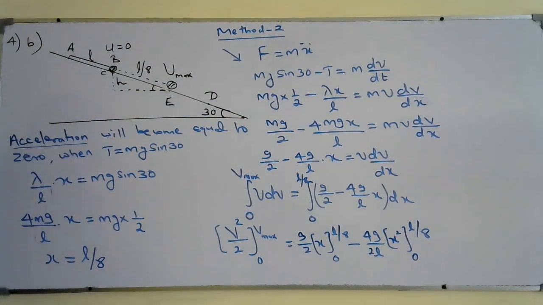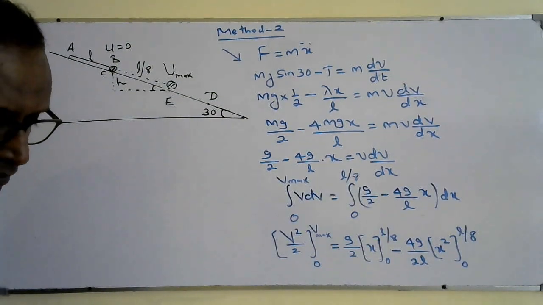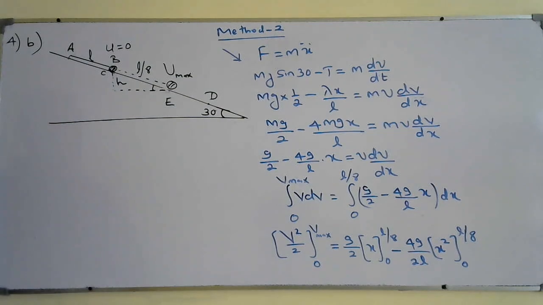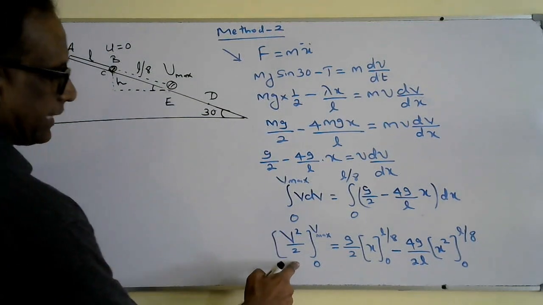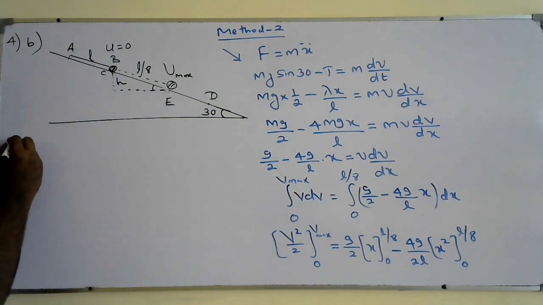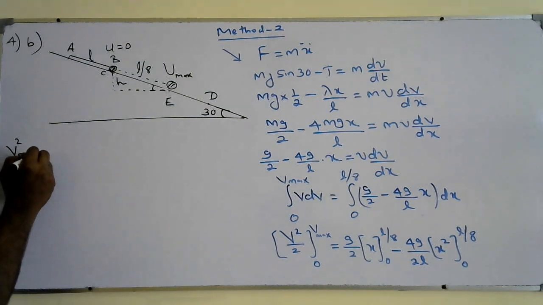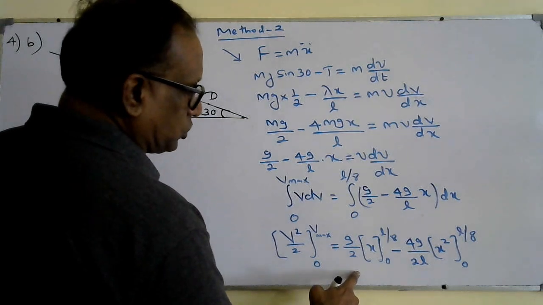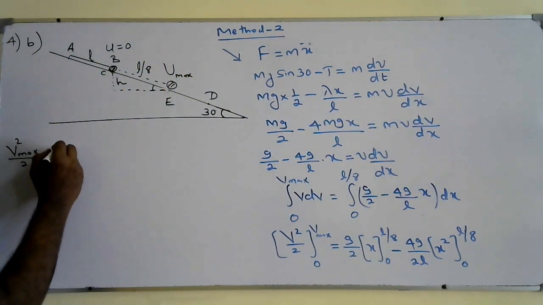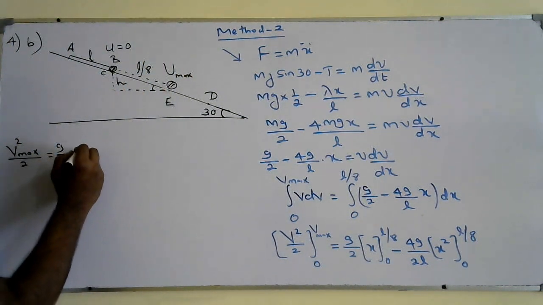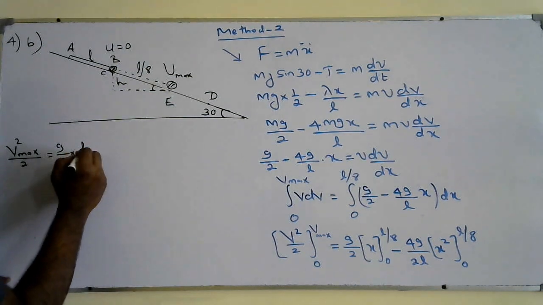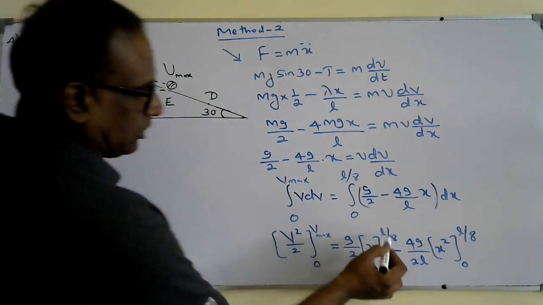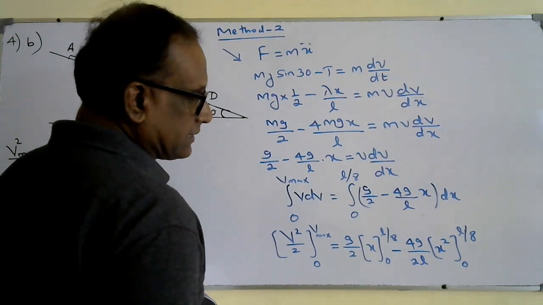I'll write it on the left: V max squared by 2 equals g by 2 times L over 8, and substituting L over 8, the 0 term gets cancelled.